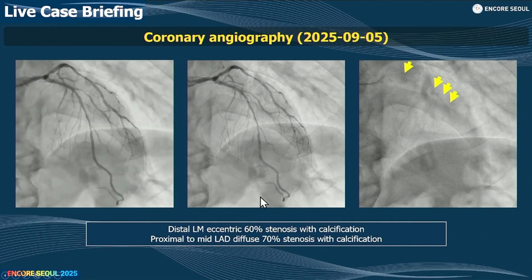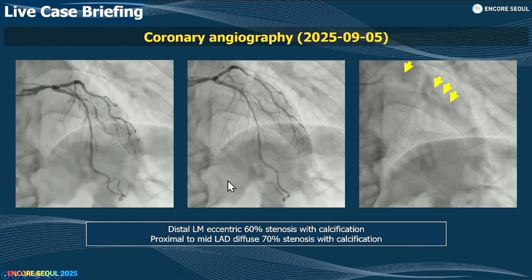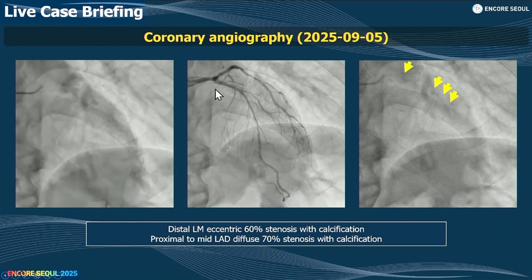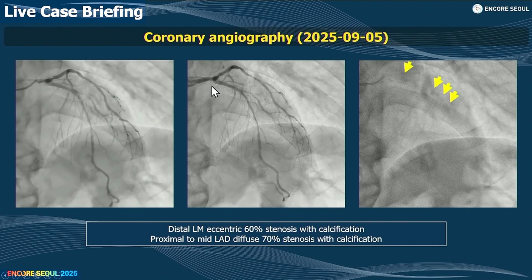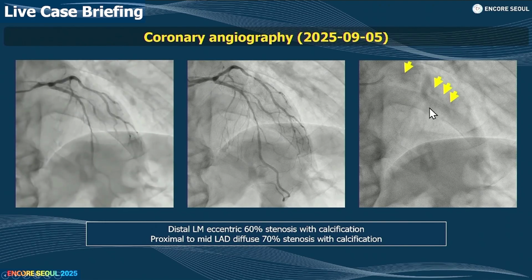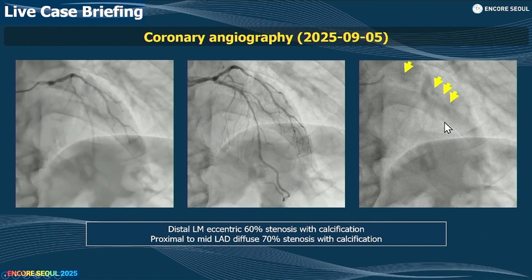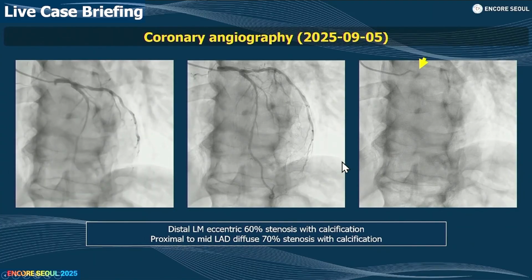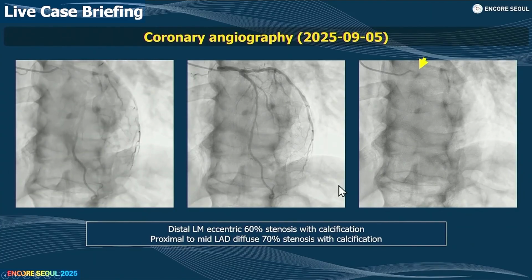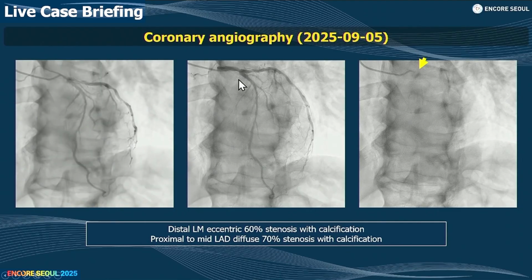This is a cranial view showing the diffuse lesion, with distal left main eccentric plaque and heavy calcification. Here, the aerial view also shows eccentric plaque at the distal left main with stenosis.